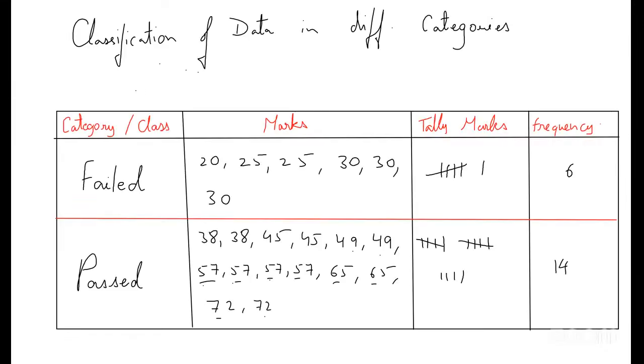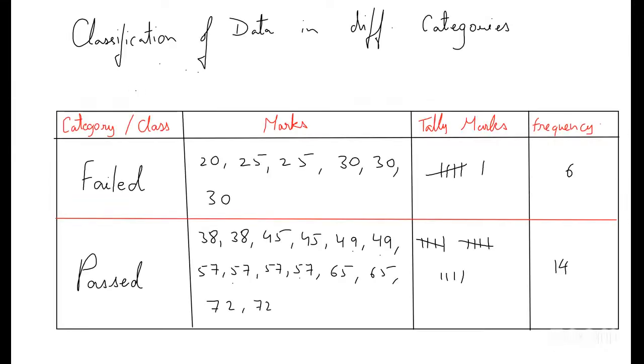Numbers are that 6 students have failed and 14 students have passed out of the data of the 20 students that we have collected. All right. So we can see through this data, if we analyze it, how many students obtained more than 50% or 60% marks.